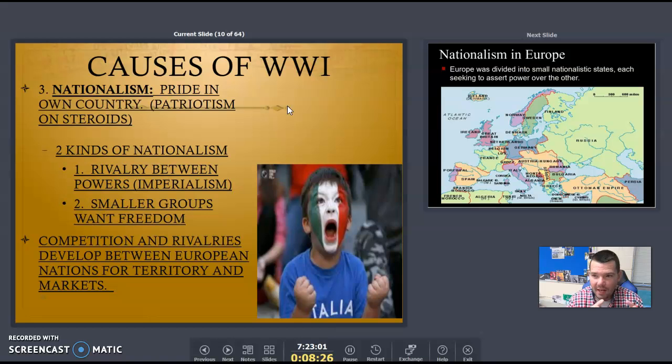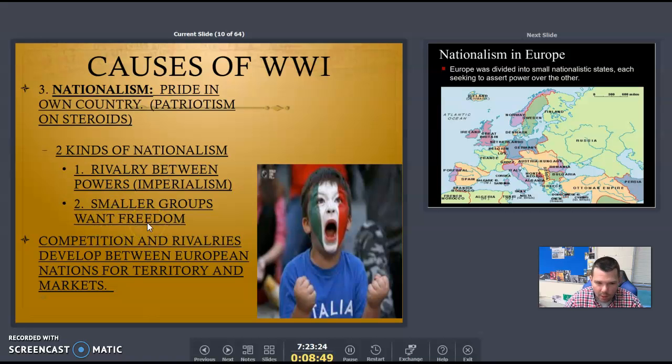It's a very intense feeling that your country is better than anybody else. Now we see this during the Olympics or the World Cup. You see this all the time. Like this kid right here is intense. So anyway, now there's two kinds of nationalisms. You have your rivalry between powers, hence that's imperialism, and you have smaller groups that want freedom. Again, keep that in mind.